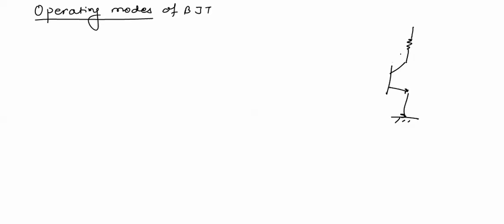Here we have a transistor circuit and we have provided biasing. In this circuit we have not shown any input terminal and output terminal. The voltages that are applied are called biasing voltages, and for deciding the operating mode we should know the input and output terminal.